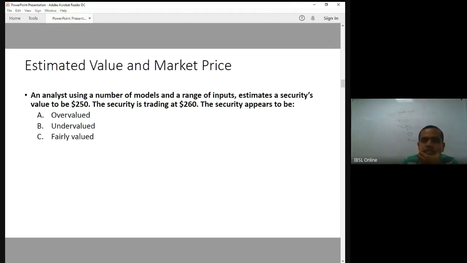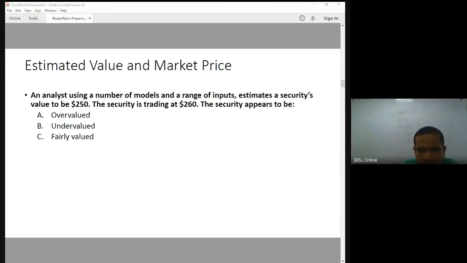An analyst using a number of models and a range of inputs estimates the security's value to be $250. The security is trading at $260. So the intrinsic value is 250 and the security is trading at 260. The price is 260. So it is what? The intrinsic value is 250, price is 260.